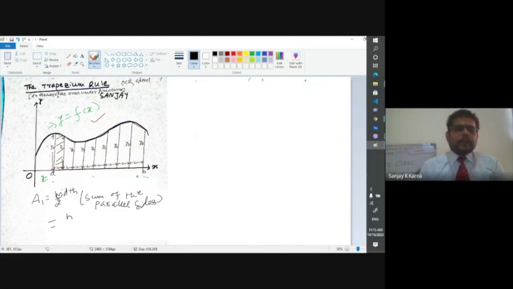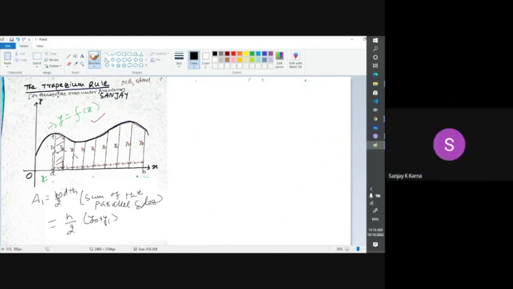Note that we have the same width for the other trapeziums as well, but the heights are different here. So this is h/2 times the sum of the parallel sides: one side has length y0, say, and another has y1, and these two are parallel sides because we take them vertically to the x-axis. Similarly, these two are also parallel.